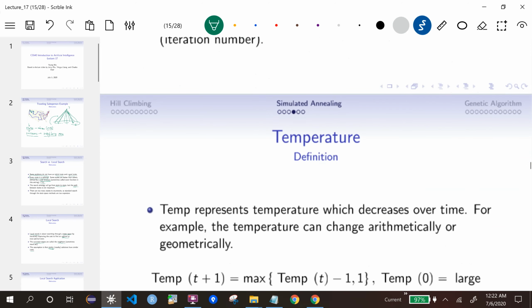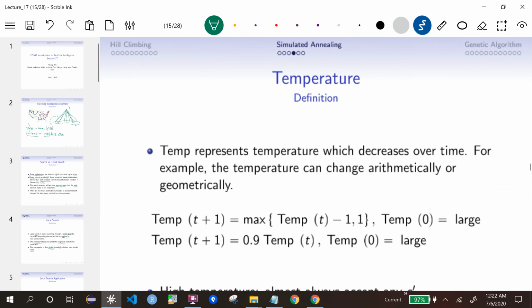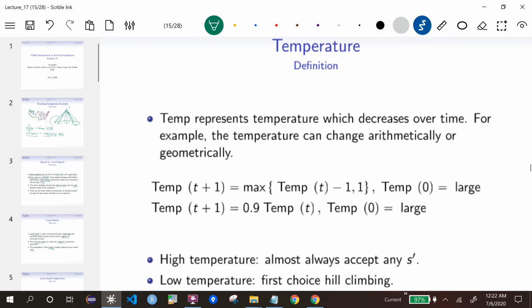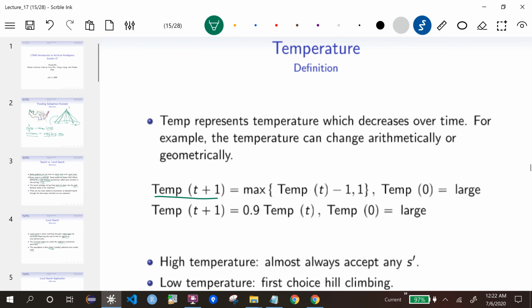And there are many things we can choose. One example is choosing a temperature. So the temperature can decrease arithmetically, which means each time I decrease by a fixed number, it can be 1, it can be something else that we choose, or it can decrease geometrically, which means we add a multiplicative constant in front, and every time it decreases by that amount.